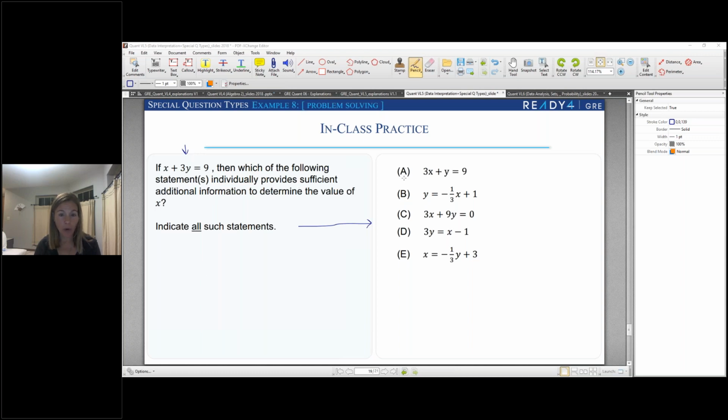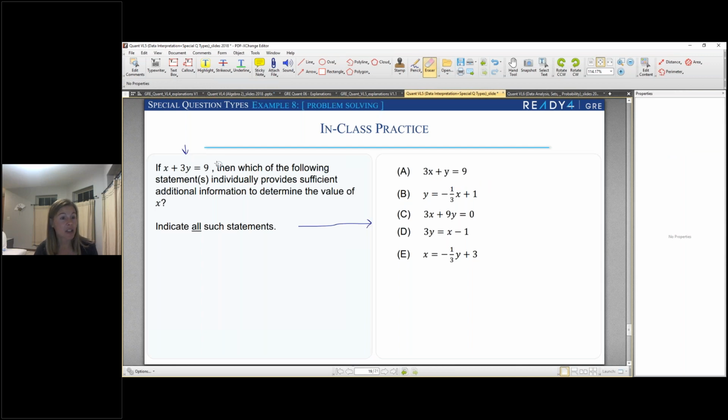If you end up rearranging these equations and they turn out to be the same equation, okay? So, for example, x plus 3y equals 9. If you rearrange it and it turns out to also be x plus 3y equals 9, then you don't have two different equations. So that will not provide a solution.